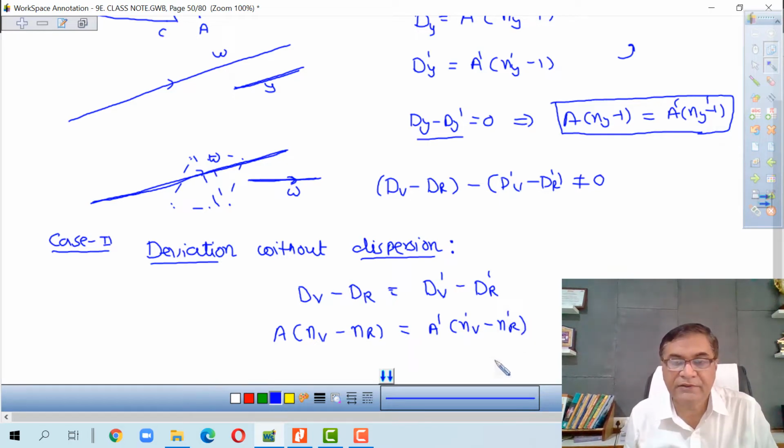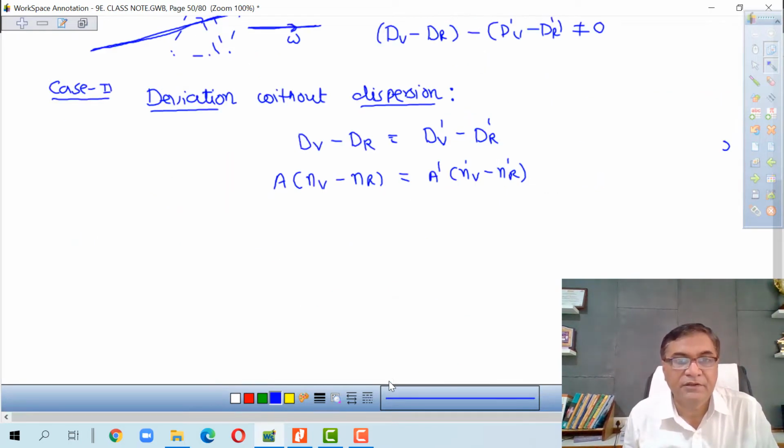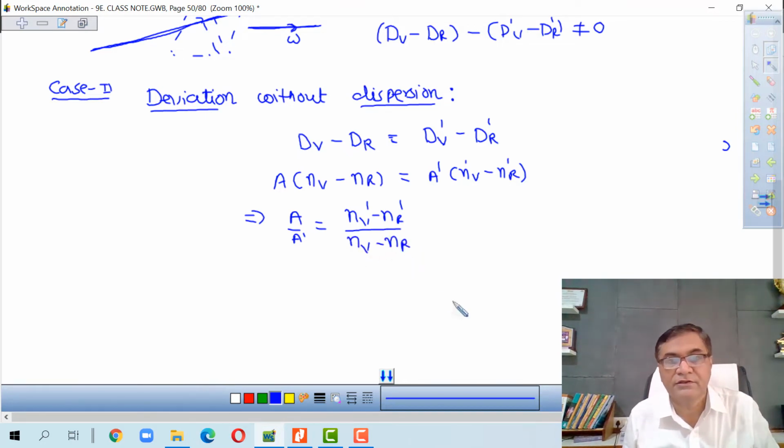Which implies that a upon a prime must be equal to (nv prime minus nr prime) upon (nv minus nr). So the ratio of these two prism angles is equal to the ratio of the differences of the two refractive indices. So this is the condition for case 2.